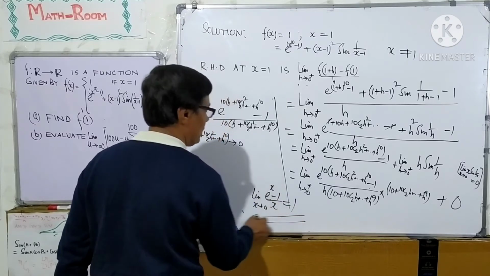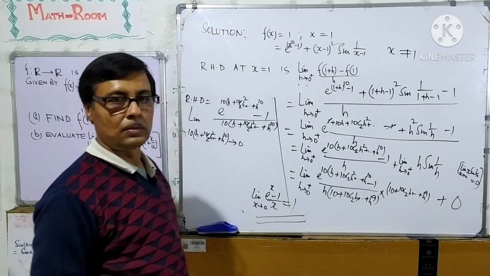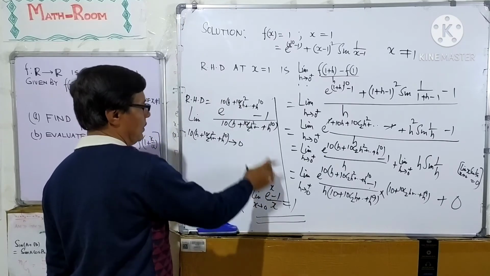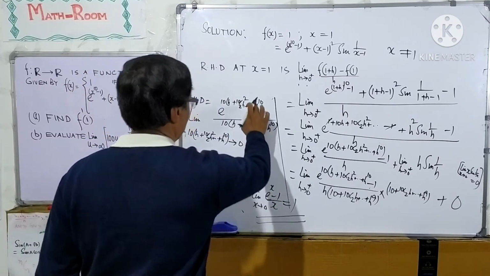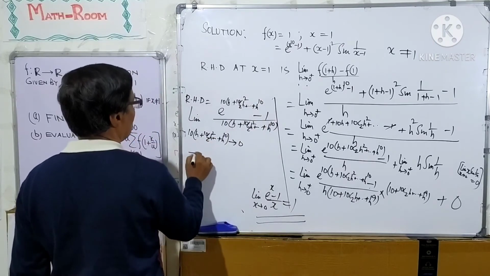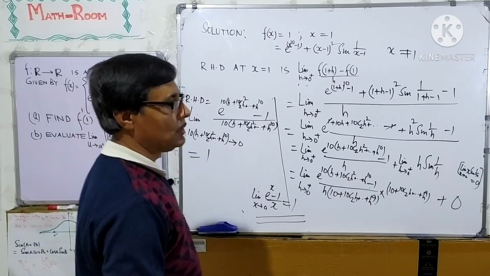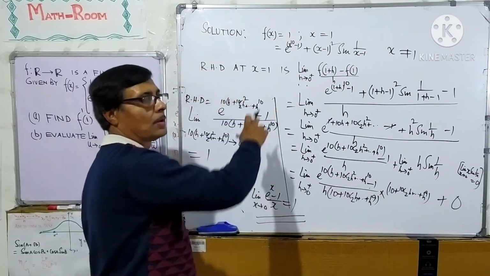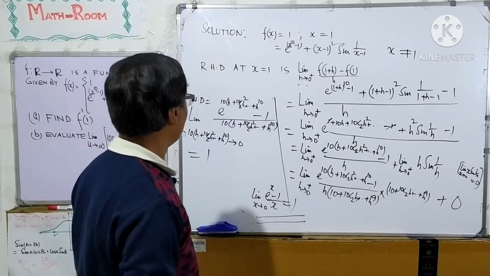This is a well known limit. So, this is in the form of this, so this is also equal to 1. This limit is also equal to 1. So, the right hand derivative at x equal to 1 is 1.